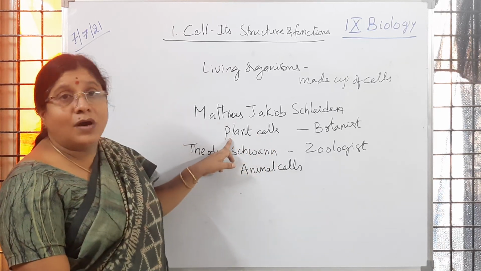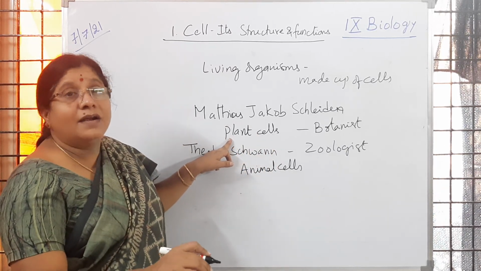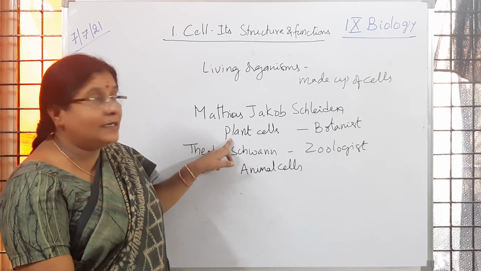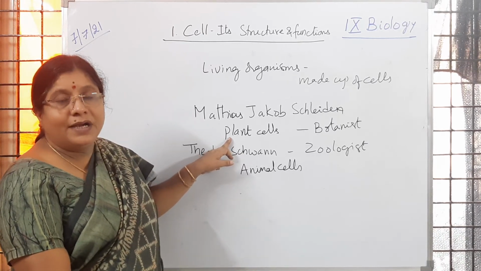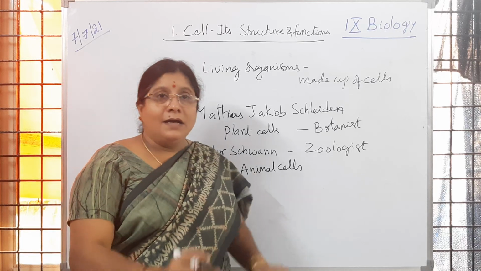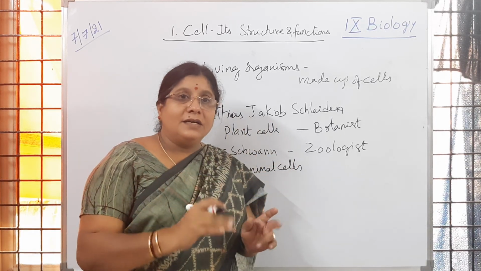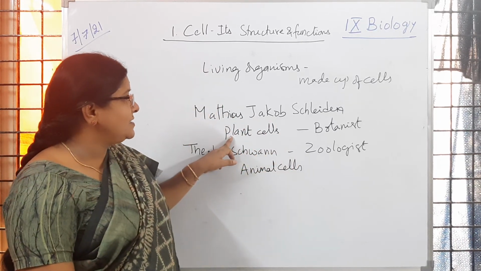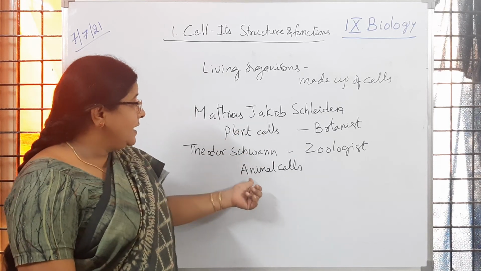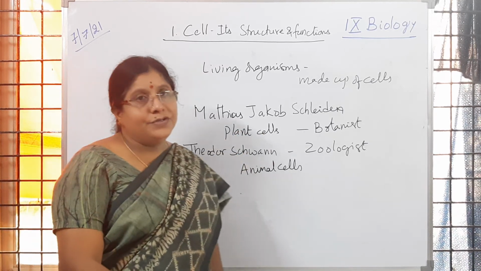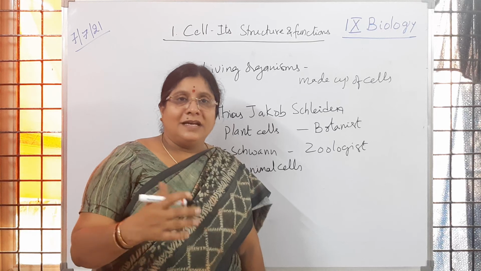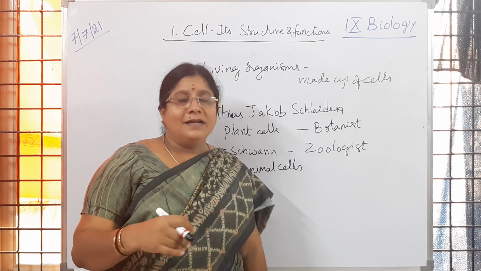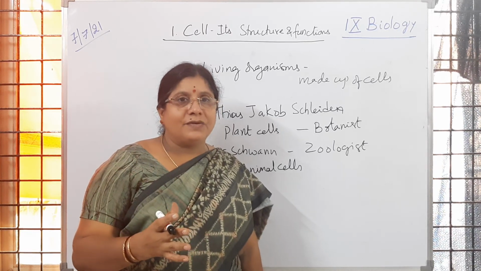So in plant cells, what are the differences? Are there exclusive cell parts present? Means cell wall you can take, then plastids you can take, then vacuoles are bigger in size. So all that was studied by Matthias Jakob Schleiden. Then animal cells, when they were observed, nucleus is there, but cell wall and plastids were absent and small size vacuoles were found.